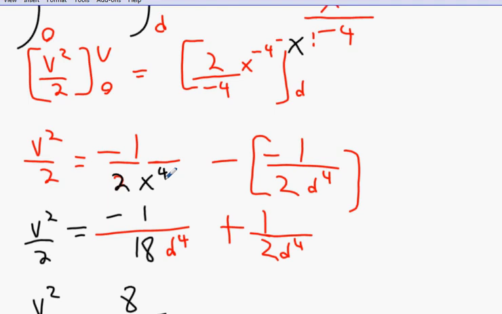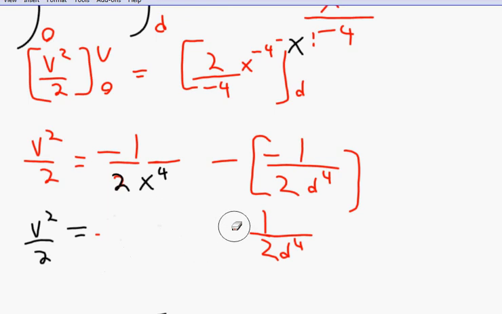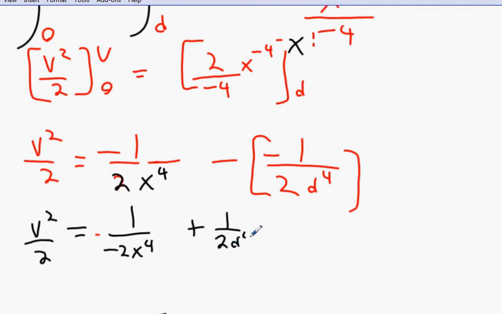And that's still minus 2d to the power 4. Now everything has a 2 in it now, doesn't it? So I'm expressing velocity in terms of the distance variable x, okay? Because I already had it done. So minus 1 over 2x4 plus 1 over 2d4. That's basically what we did already, except I have a new limit instead of using the limit I was given in the first part, okay? I'm going to isolate phi squared. I'm going to say that phi squared equals minus 1 over x4 plus 1 over 2d4.